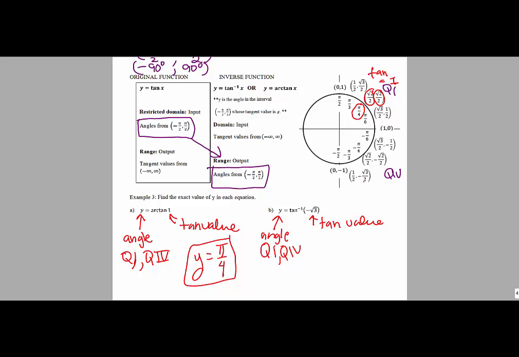In order to do y divided by x and get negative square root of 3 over 1, that would be our pi over 3 family. So we think about that angle from quadrant 4 as being a negative angle, and the answer for that would be negative pi over 3.